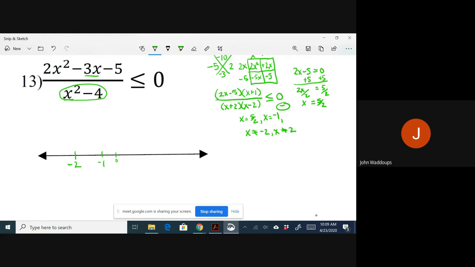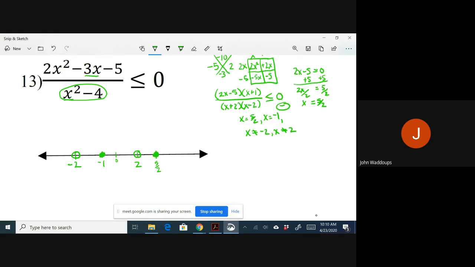The next number would be 2, and then the next number after that would be our 5 halves. We're going to have open dots at 2 and -2, and we're going to have closed dots at -1 and at 5 halves.